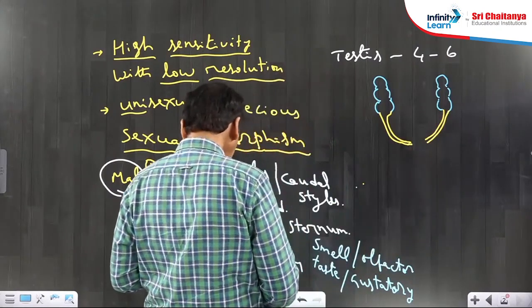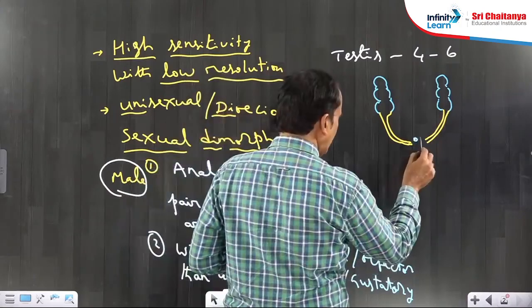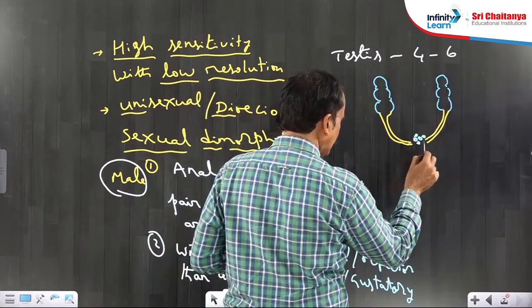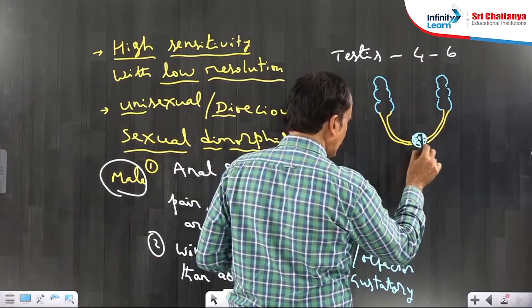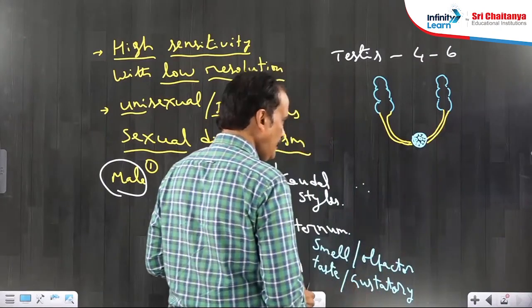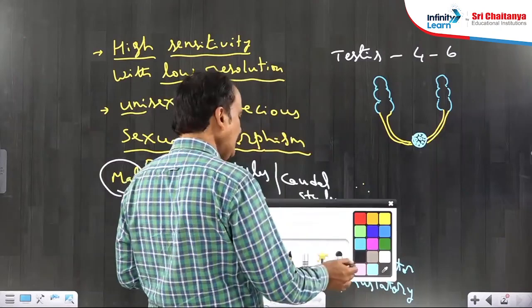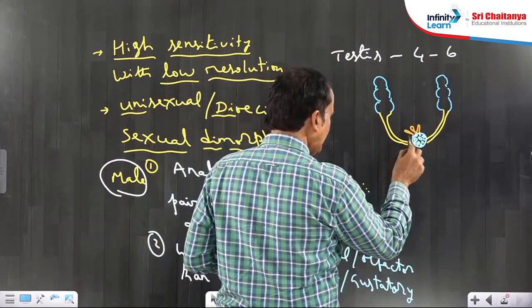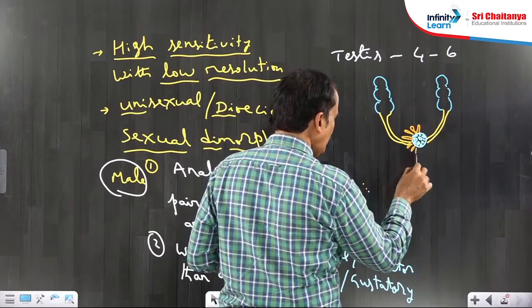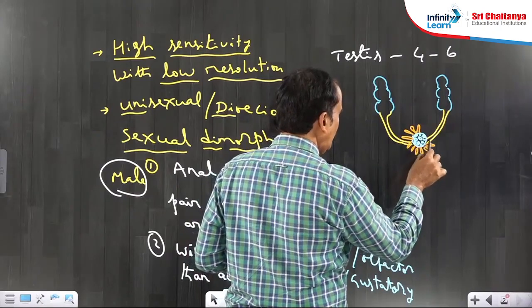The 2 vas deferens will be joining with seminal vesicles, which are not seen in the diagram. In the diagram you may not be able to see the structures called the seminal vesicle, but they pass through the seminal vesicle, and at the junction you will find a gland called the mushroom shaped gland or uricose gland.